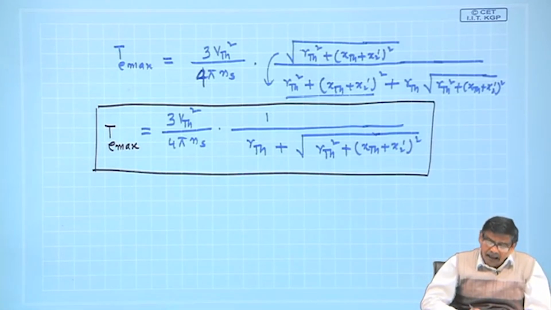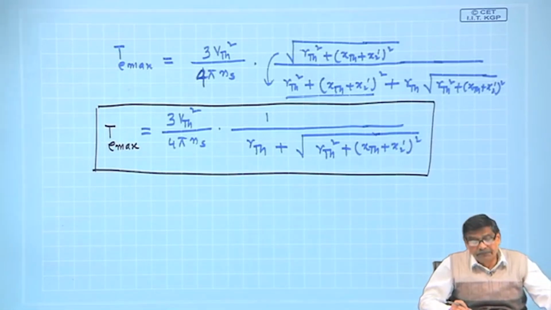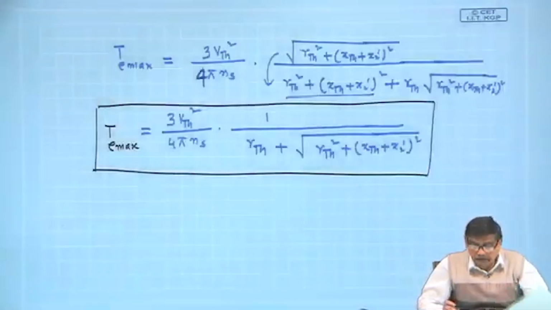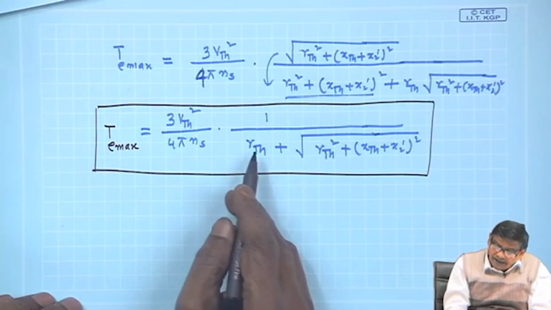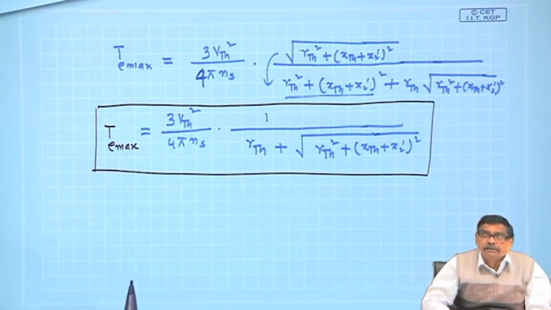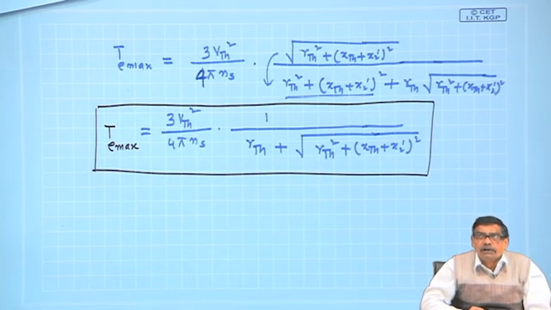Okay. You must agree with me, if x m is also neglected in the equivalent circuit, then R Thevenins and x Thevenins will be simply R 1 and x 1.